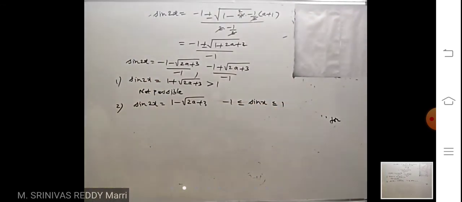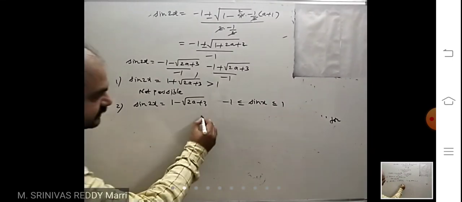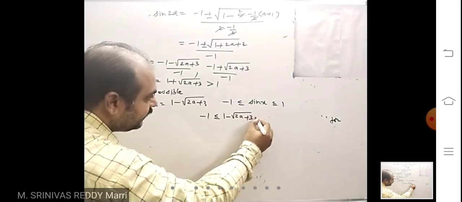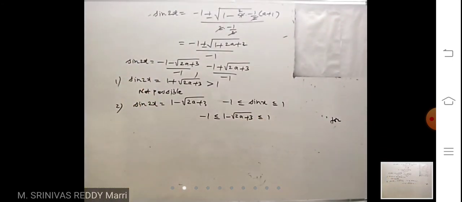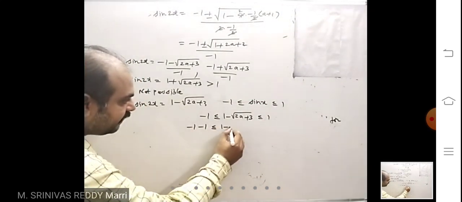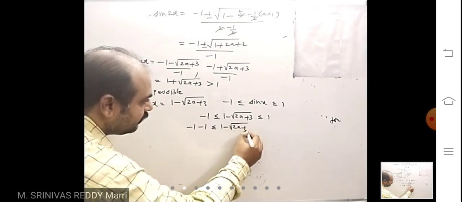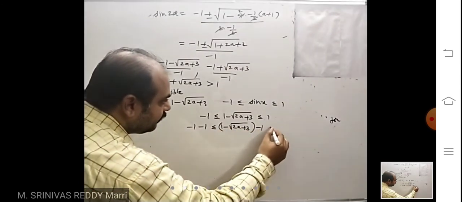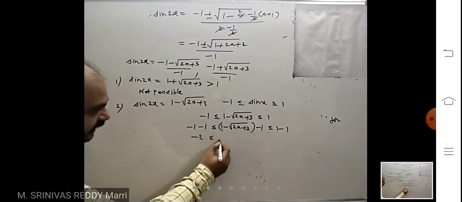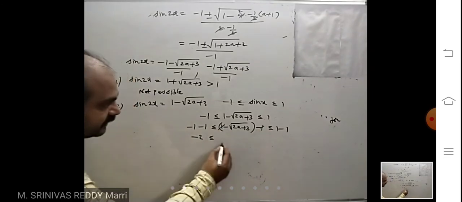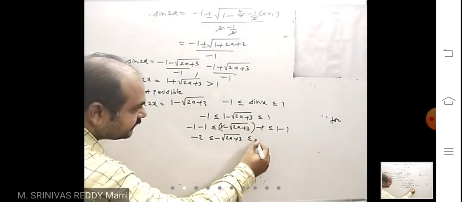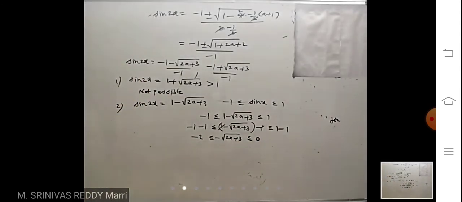That means minus 1 is less than or equal to 1 minus root of 2a plus 3, which is less than or equal to 1. Subtract 1 throughout: minus 2 is less than or equal to minus root of 2a plus 3, which is less than or equal to 0.